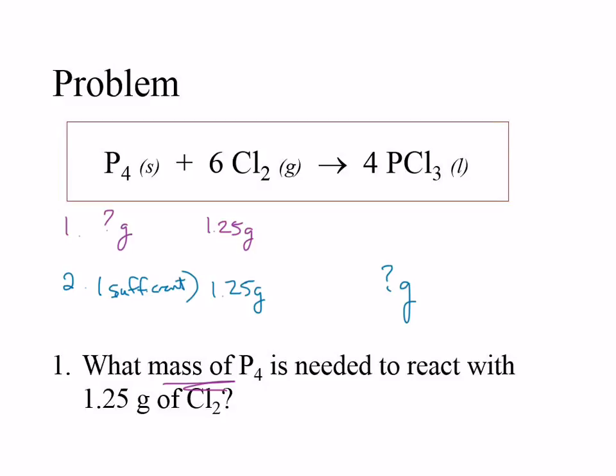So you're like, well, we could do a mass balance to get the second one, and you're right. So we're going to work these two problems. In both cases, we're going to go from grams to moles, moles to moles, moles to grams. That's how I think of it.